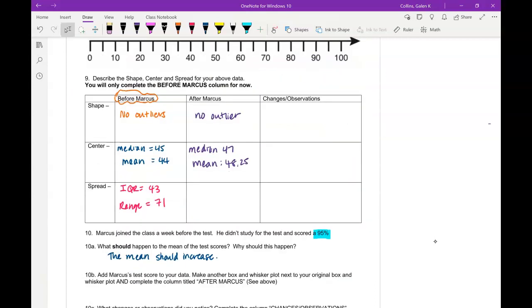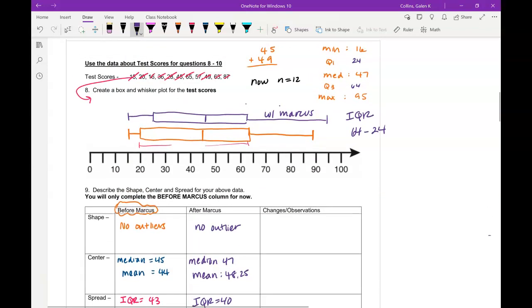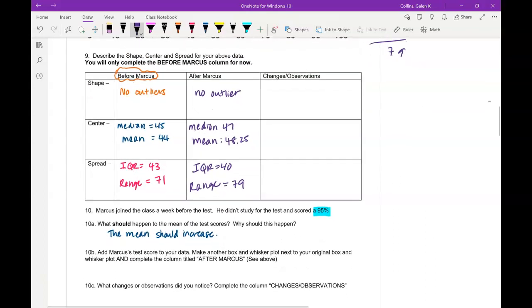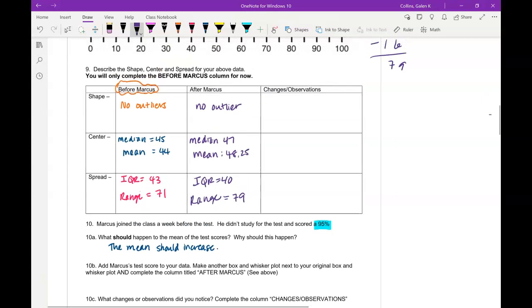So just 40, IQR is 40, whereas our range is still max minus min, so 95 minus 16. So let's see, what is that? 79. Okay, so our range increased, but our interquartile range decreased.